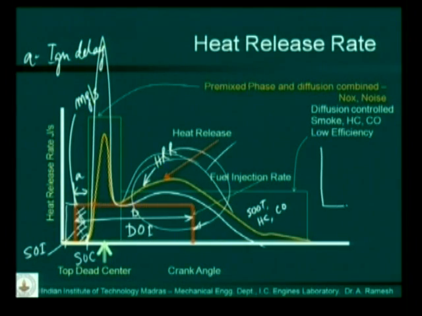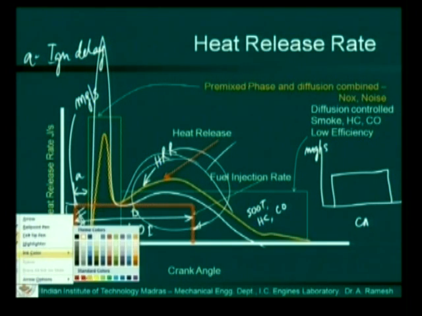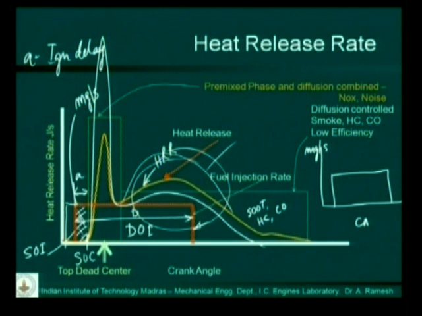If you look at, I draw again this fuel injection curve alone in milligram per second versus crank angle. What I drew earlier was something like this. Fuel injection starts at some point and goes to some value and then stops. Instead, if we draw something like this, what they have started now is spraying it in stages.